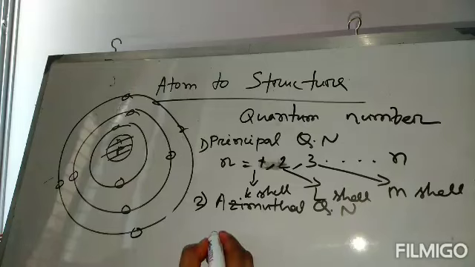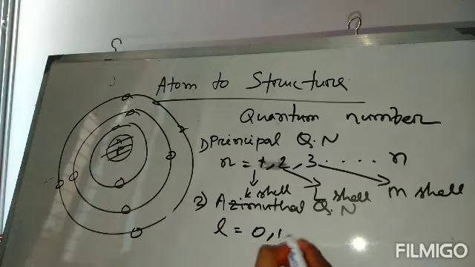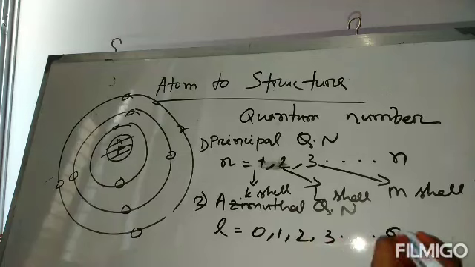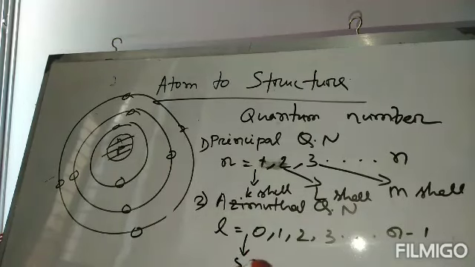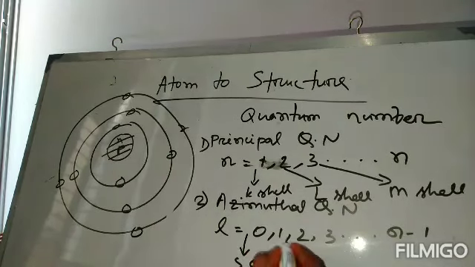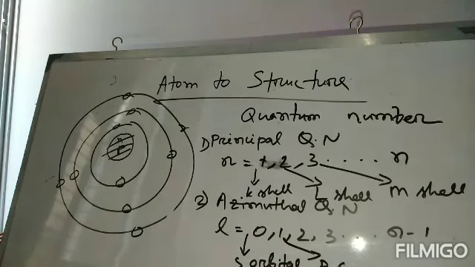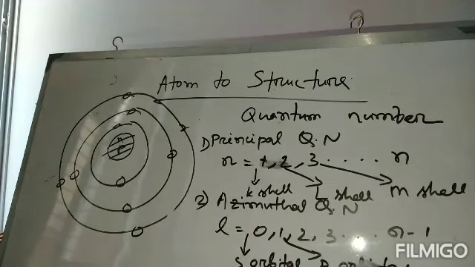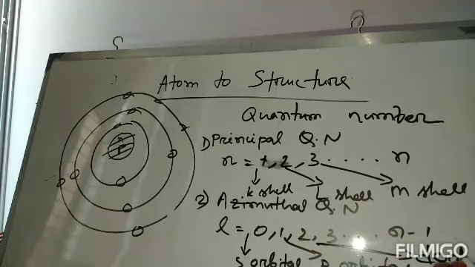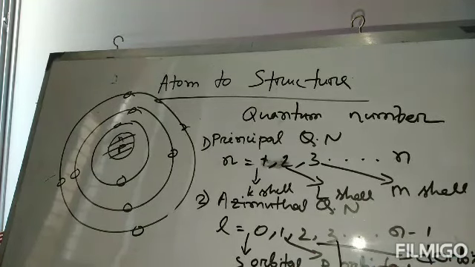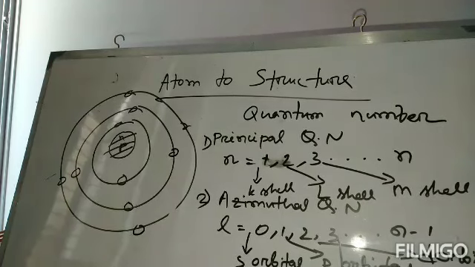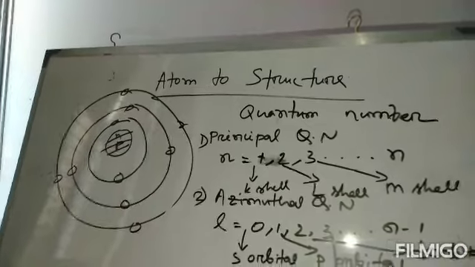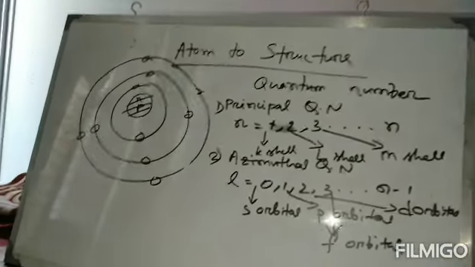Now it is denoted by l, and it takes the values 0, 1, 2, 3, up to n minus 1. For l equals 0, it will be the s orbital, l equals 1, it will be the p orbital, l equals 2, it will be the d orbital, and l equals 3, it will be the f orbital.